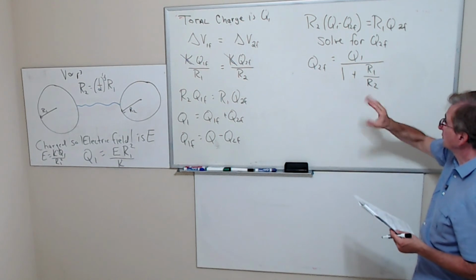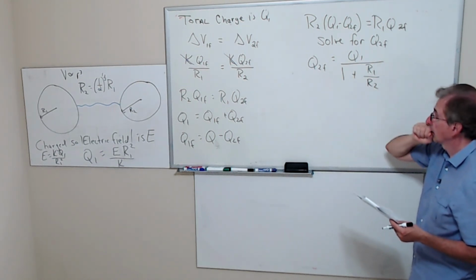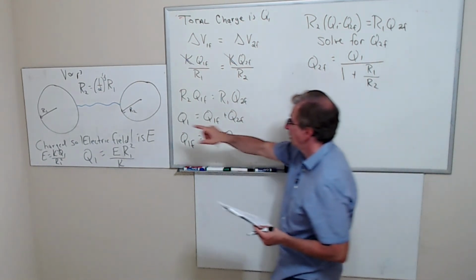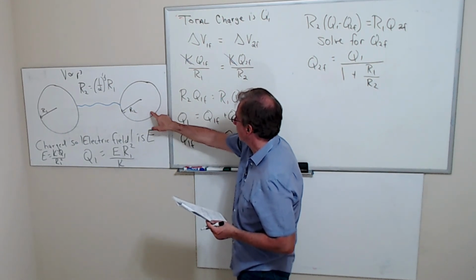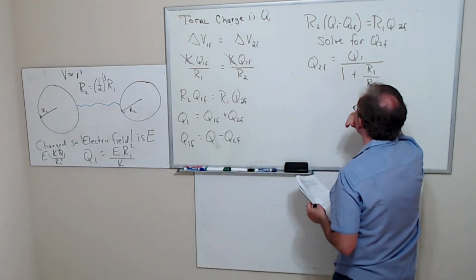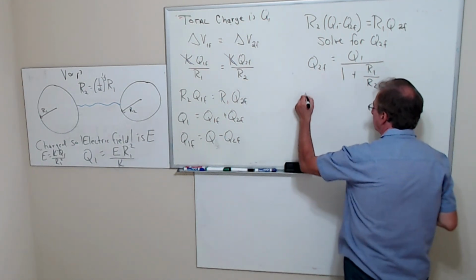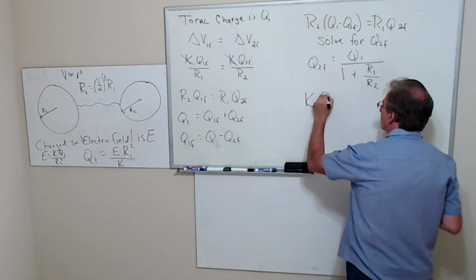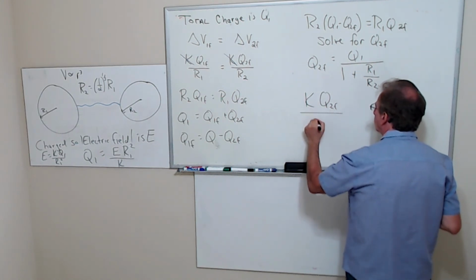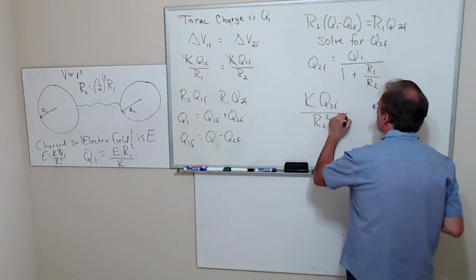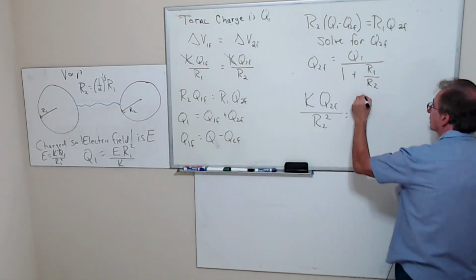Now, what's the electric field on this guy, if this is the final charge? Well, it's going to be K times Q2 final over R2 squared. Q2 final is this.